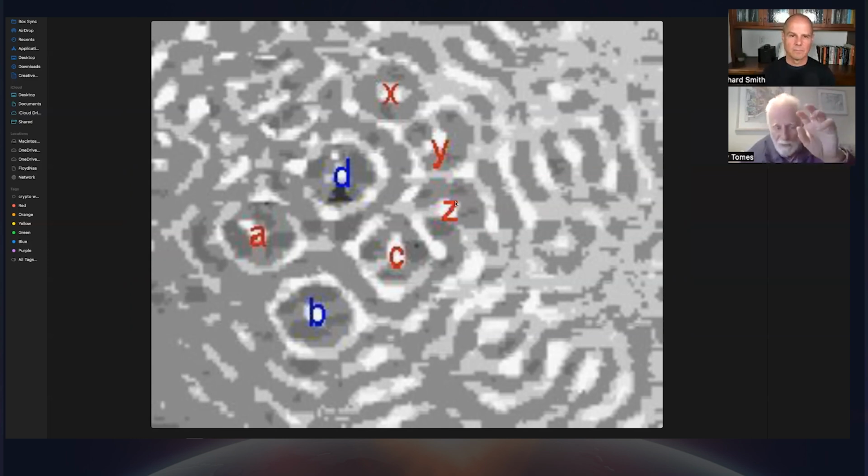And when the red ones are down, the blue ones will be up. How do we know this? Because we can count from A to D, we can count 1, 2, 3 half wavelengths. And the same from B to C and C to D, they're all 3 half wavelengths apart. So that means that A and C are going up when B and D are going down, and then they're going down when the others are going up.